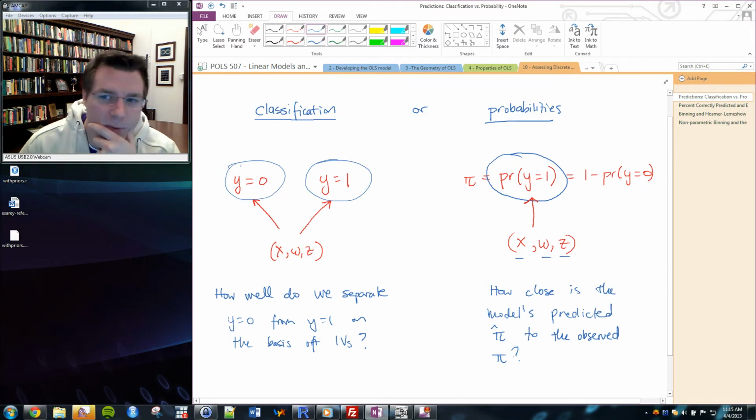Now, the trick with probabilities is when we have data sets, we often don't necessarily see a pi. What we see is an outcome, a 0 or a 1.